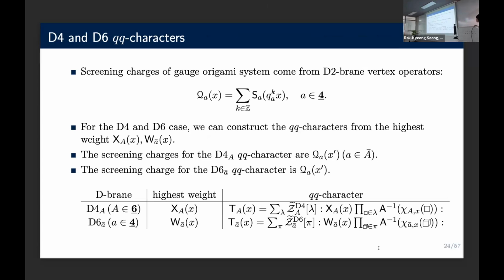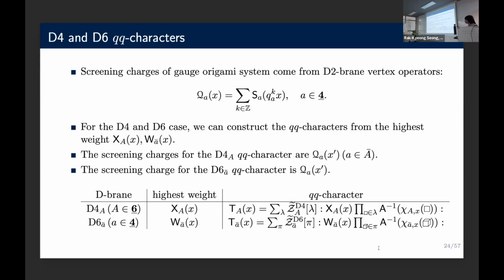For this case, everything is written in the D2 brane vertex operators in this way. If you're familiar with all this deformed algebra context, I think you're familiar with all of this. But if you generalize it to Calabi-Yau fourfolds, this part is non-trivial, and how to define it is a topic that you need to understand. But I won't talk about that.